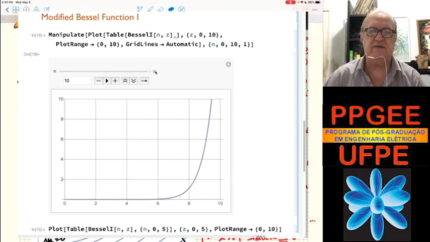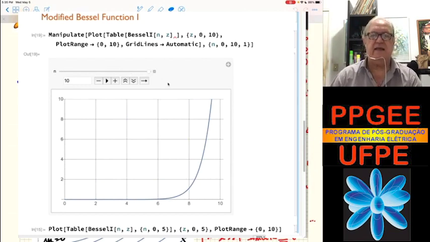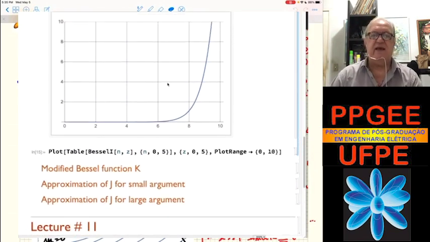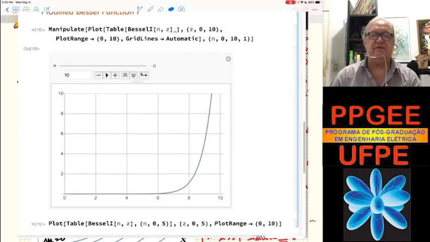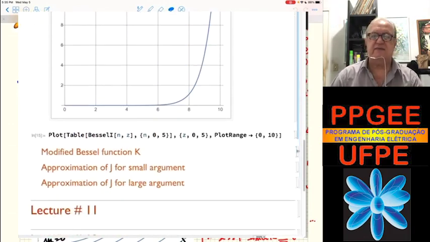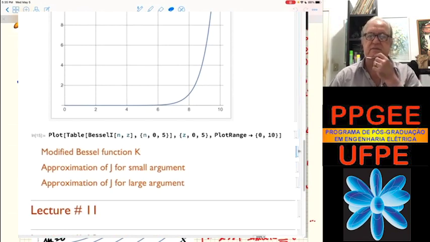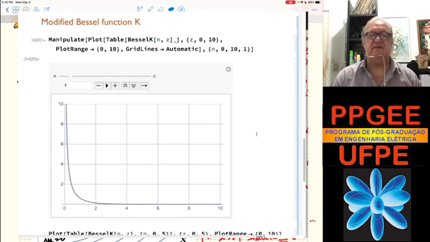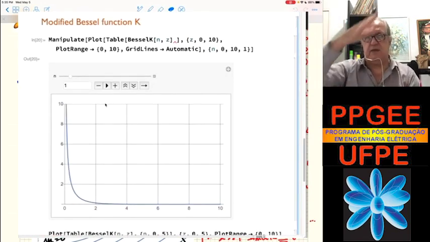Modified Bessel function of first kind, function I. And you have the modified one. What happens here? The modified Bessel function of first kind is well behaved at the origin and diverges for large x, large arguments. And the modified Bessel function of second kind is the other way around, the decreasing exponential, right?